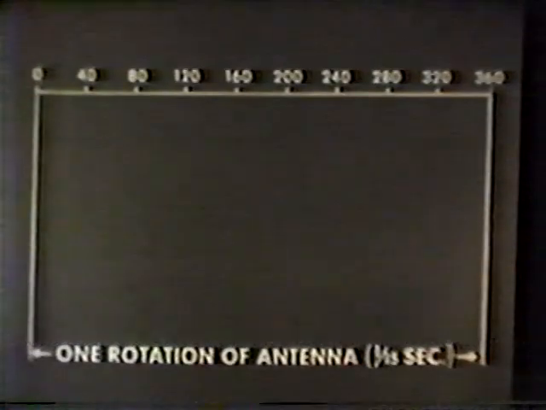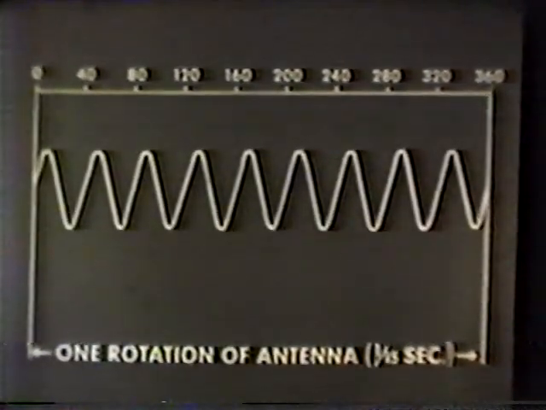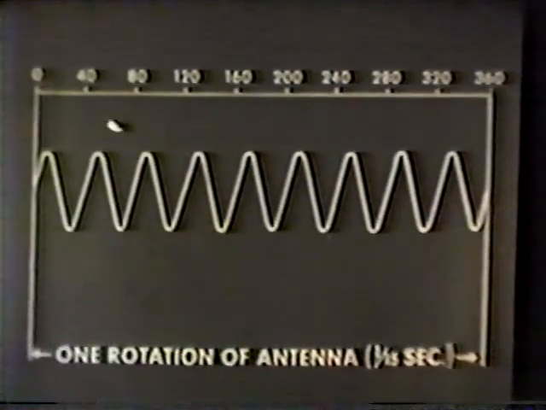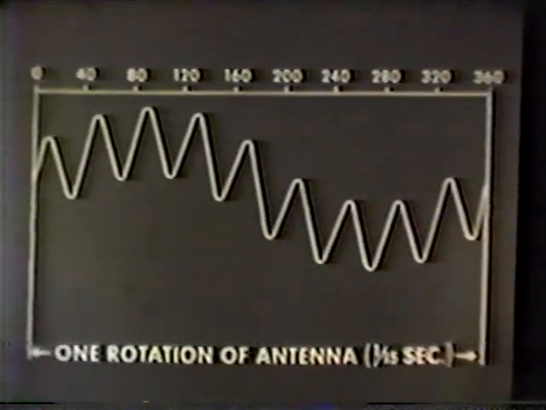In order to provide increased accuracy, the URN-3 beacon develops a 135-cycle amplitude modulation in addition to the 15-cycle modulation. Thus, during one rotation of the antenna, 1/15 of a second, we get 9 cycles of the 135-cycle modulation along with the 1 cycle of the 15-cycle modulation.